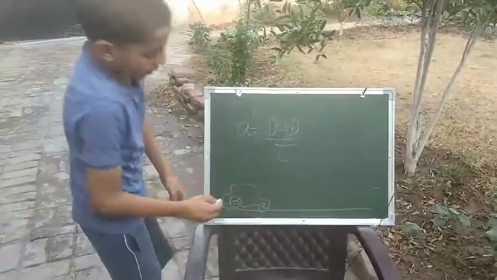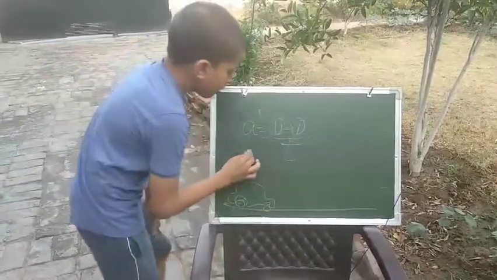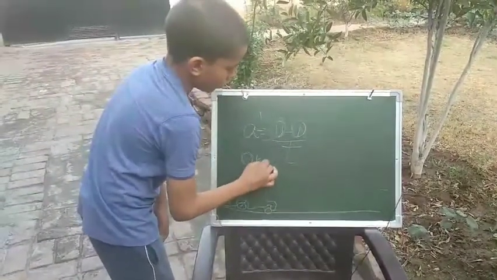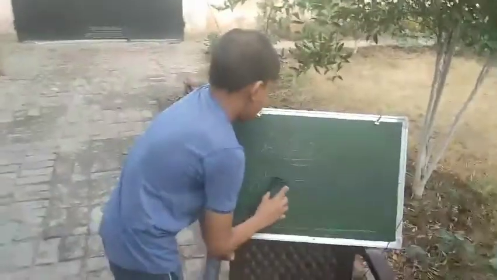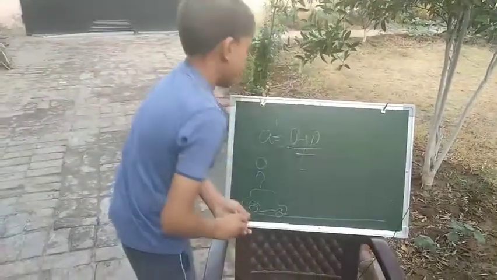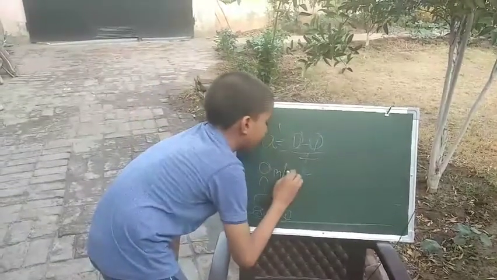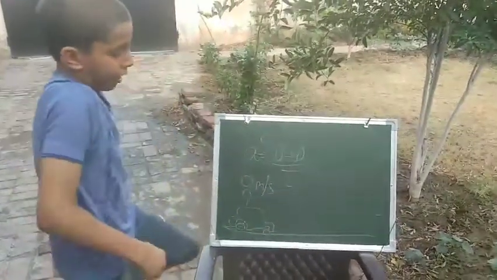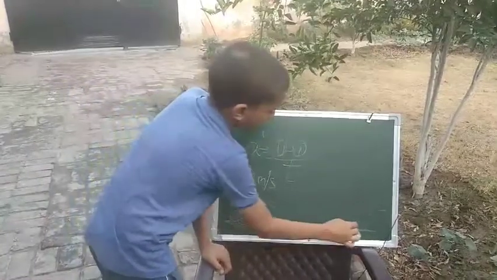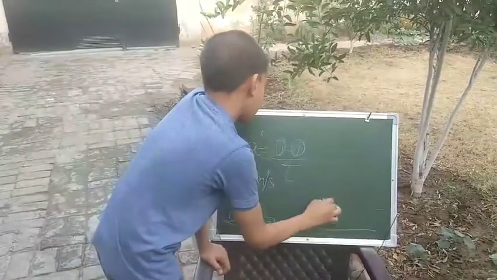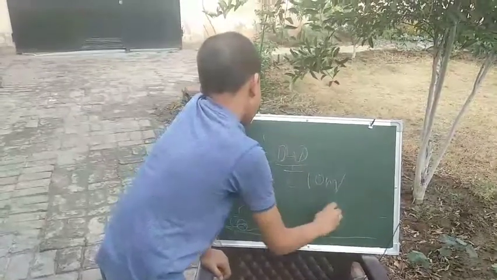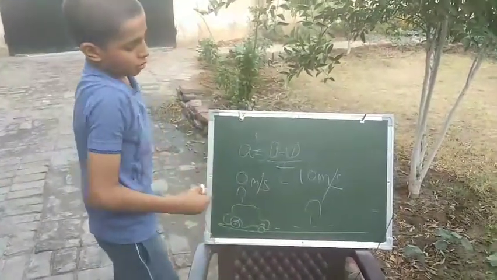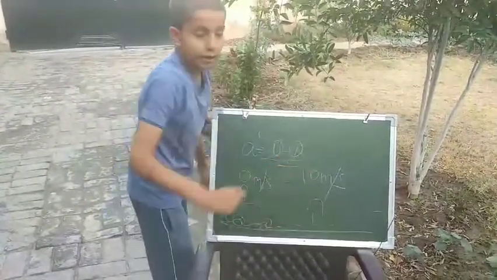The speed of the car is 0 meters per second here. And when it moves, the car's speed is 10 meters per second.